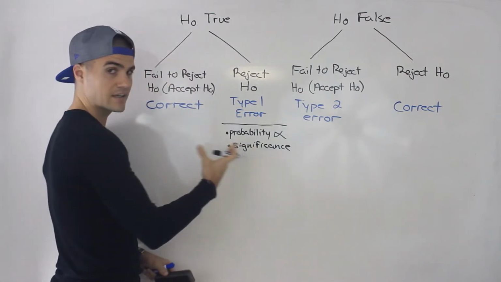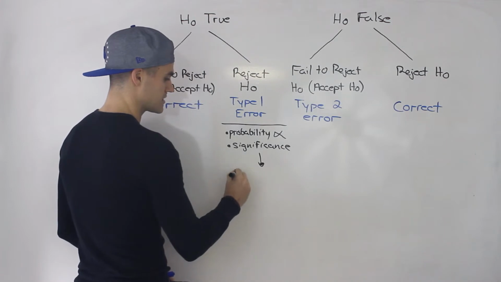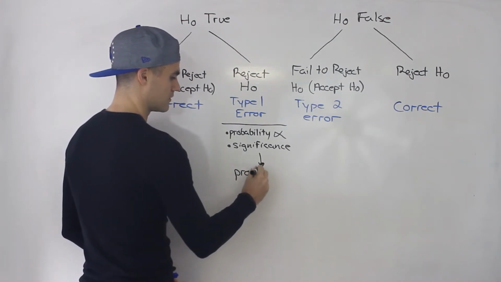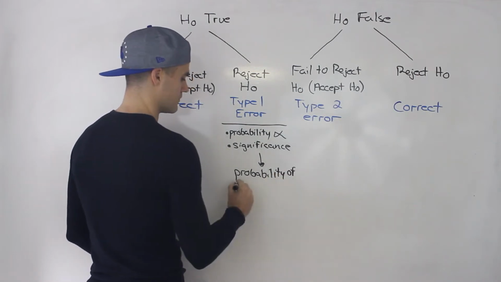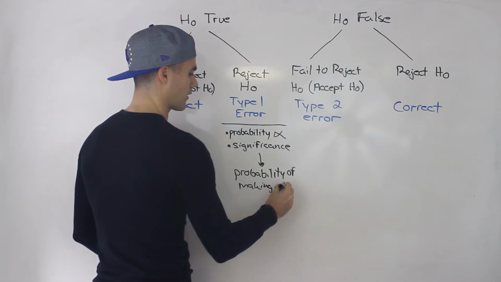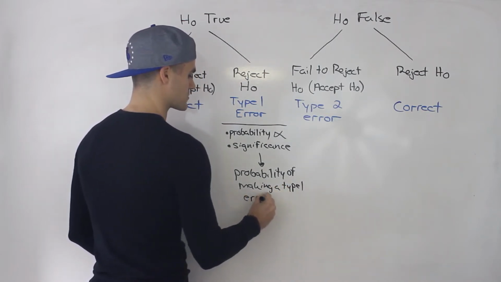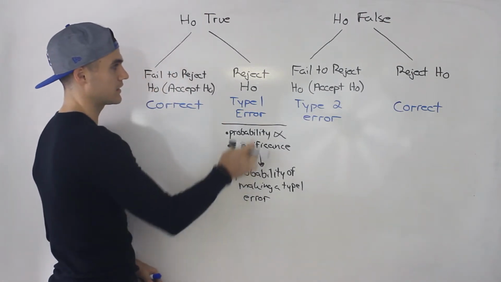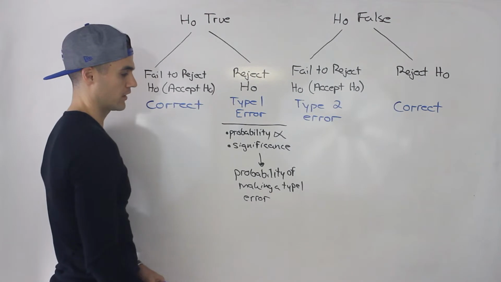Right? So the significance level of a hypothesis test, it's just the probability of making a type 1 error. Or if you want to write this more specifically, you could say the probability of rejecting the null when the null is true, which is a type 1 error.